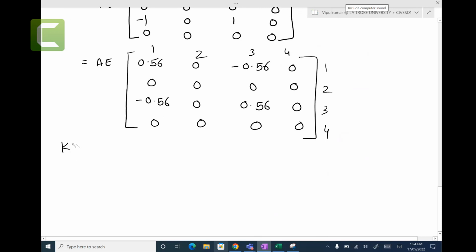K3. Let's draw the third member, member 3.